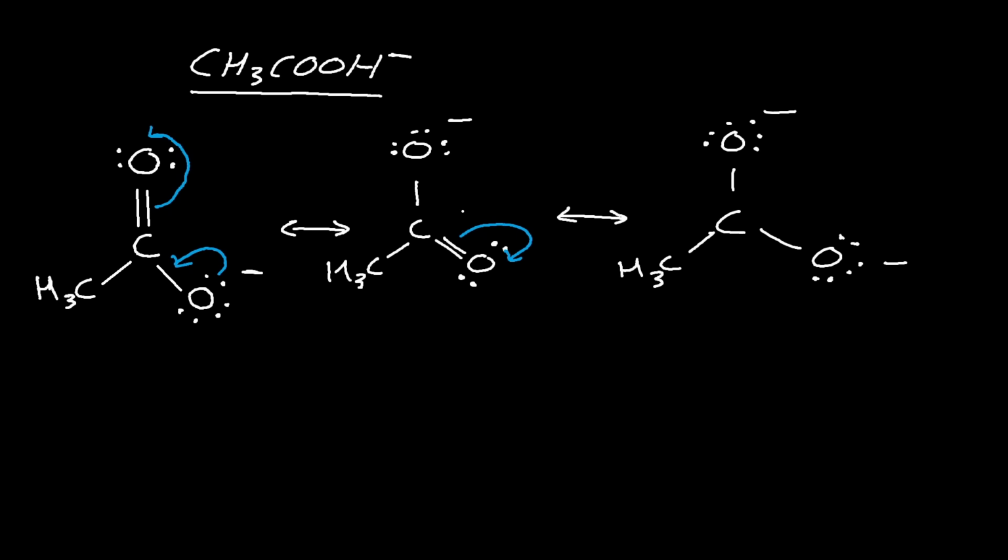Well, the carbon in the center now has a positive charge because carbon, as you remember from the octet principle, likes to have four attached bonds to it, and it's missing one. So in this case, it has a positive formal charge. And what we get is the negative and the positive cancel each other out, and we have one negative charge remaining. So while not overly favorable, this is in fact a possible resonance structure of acetate.